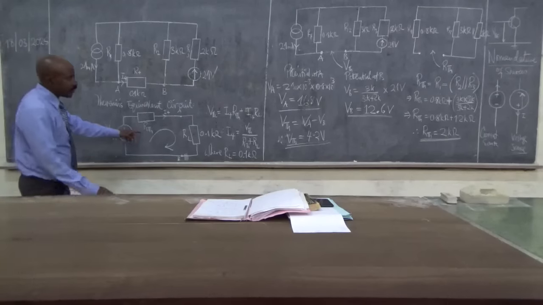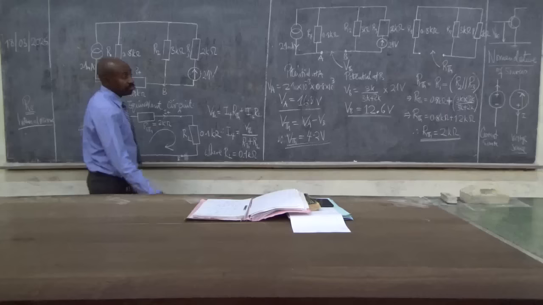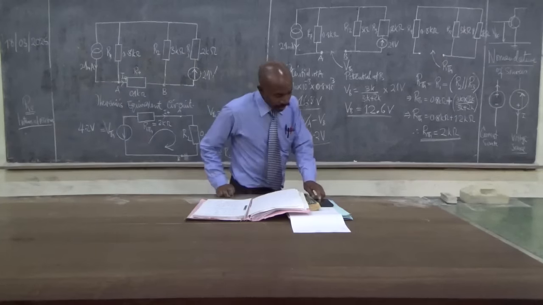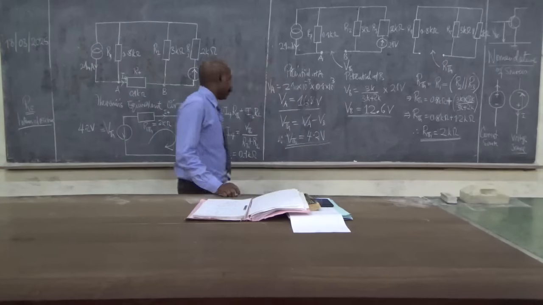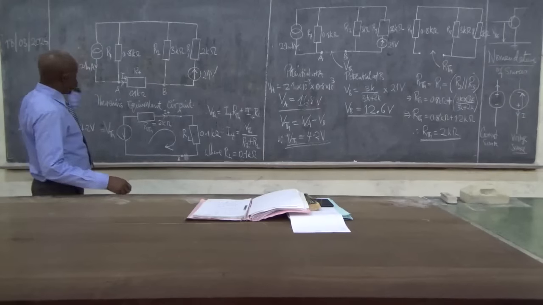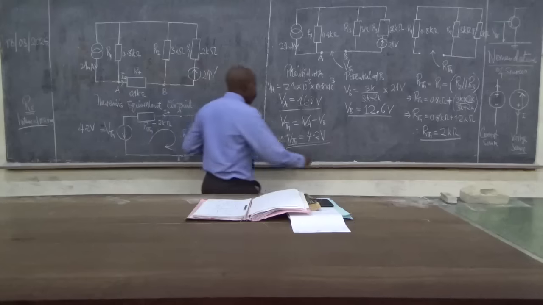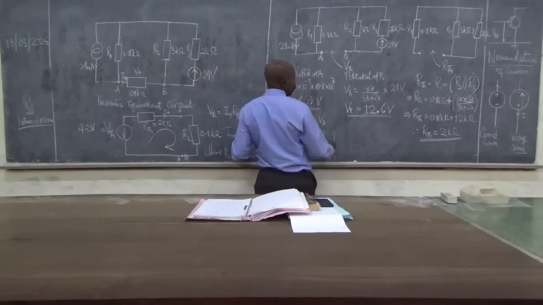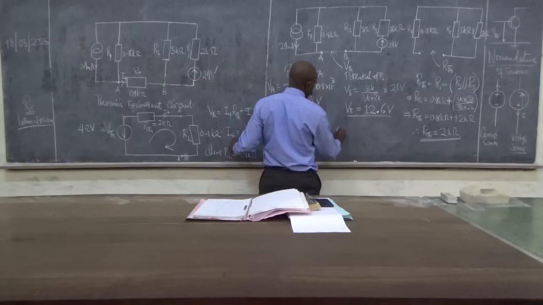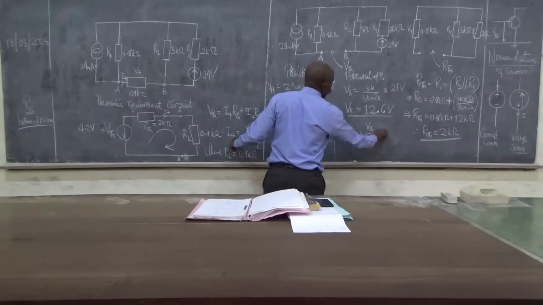So RTH equals to 2 kilo ohms. So I got everything now. And then I can find the I4. I4 is equal to VTH over RTH plus RL.